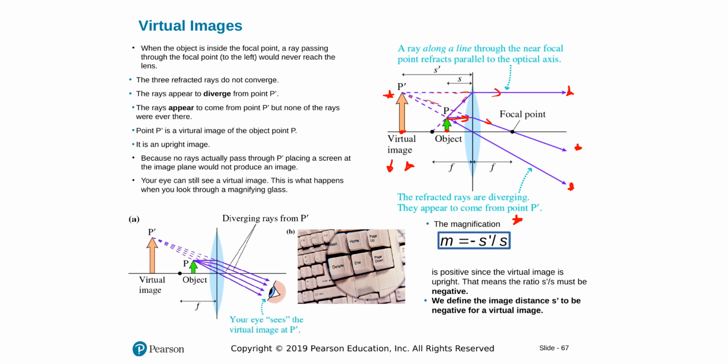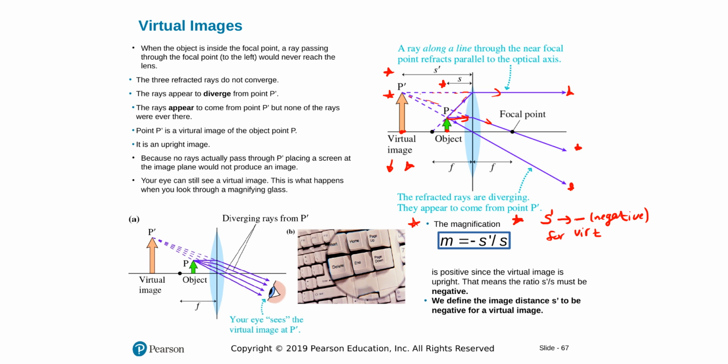I want to go back to magnification here that I mentioned briefly in the previous lectures. We want to use it a little bit more here. It's the image distance over the object distance, S prime over S, where the image distance is S prime and the object distance is S, with a negative sign in front of it. One important thing we want to know is that S prime will be negative if I have a virtual image.